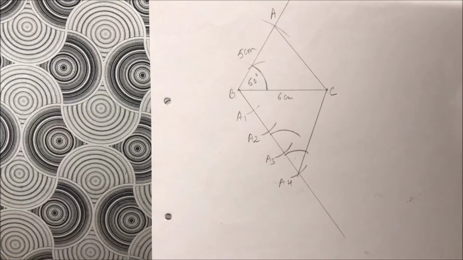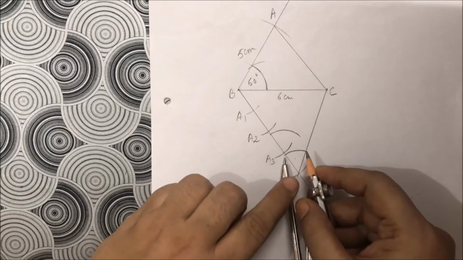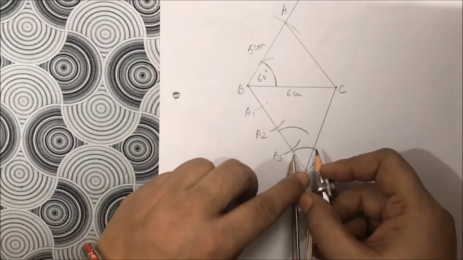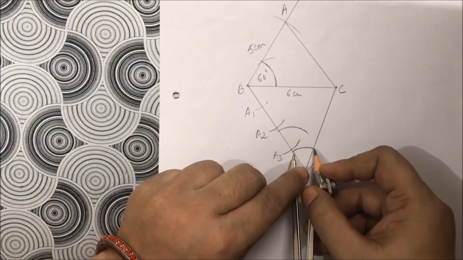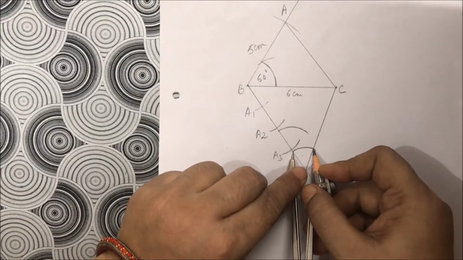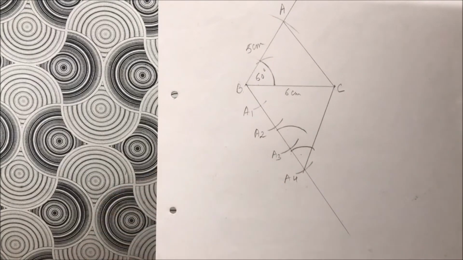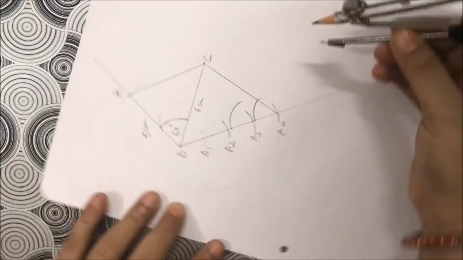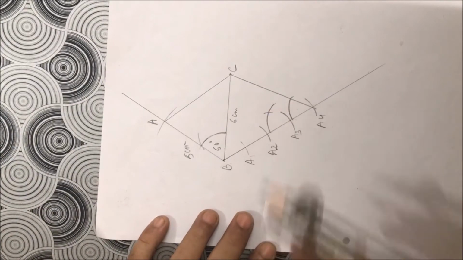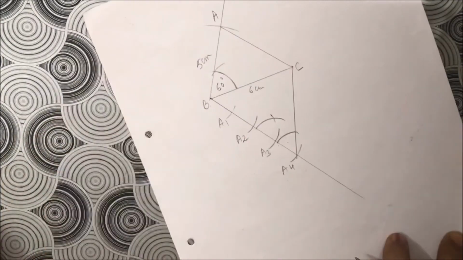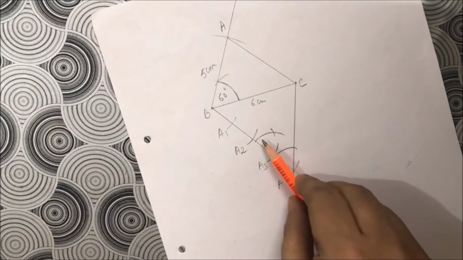Now, how will we draw the same exact angle? Measure the angle like this. This is the initial point, this is the final point. Put your compass and pencil here. Measure this angle and then draw the arc. See like this, this is center. Draw an arc. Now see, this angle is equal to this.